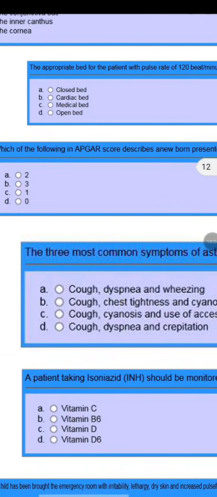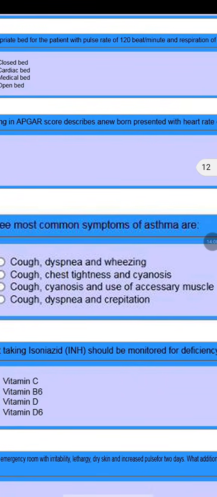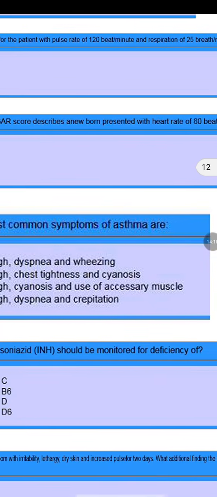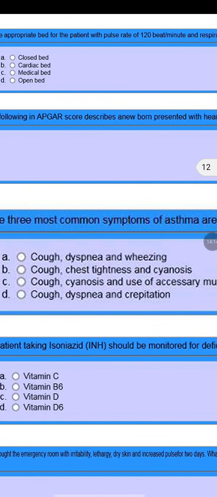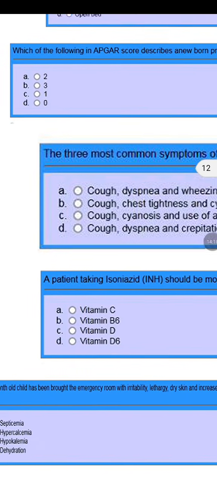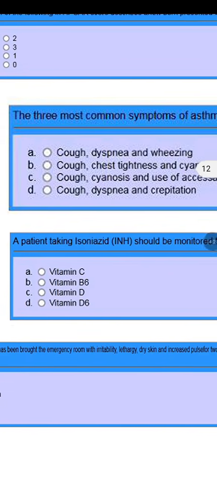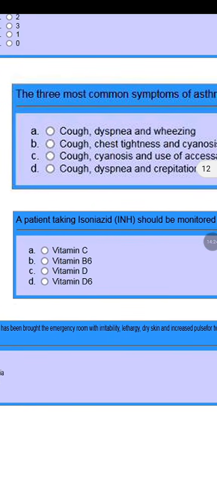Which of the following Apgar scores applies to a newborn with a heart rate of 80 per minute? The three most common symptoms of asthma are cough, dyspnea, and wheezing.